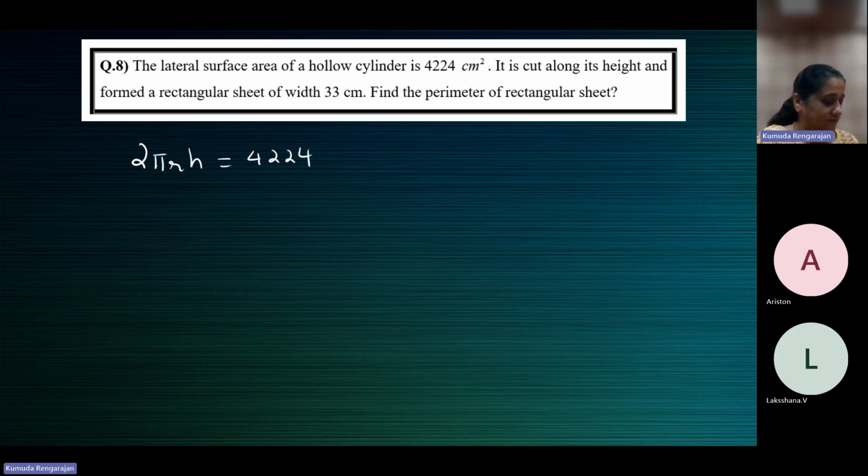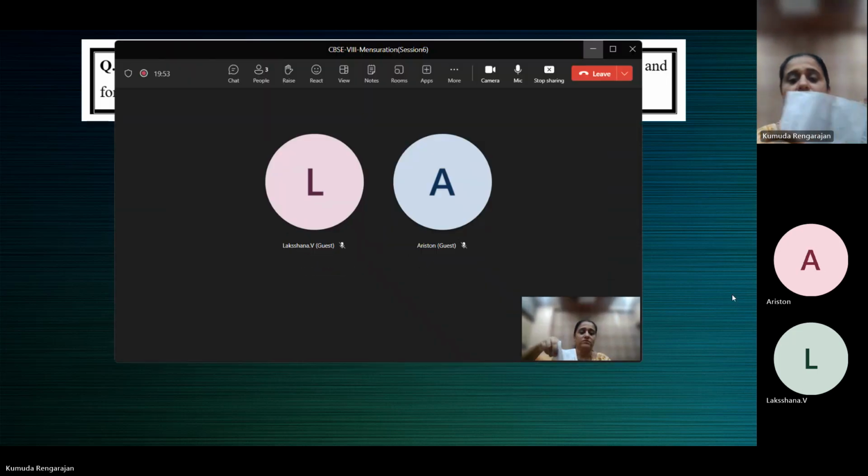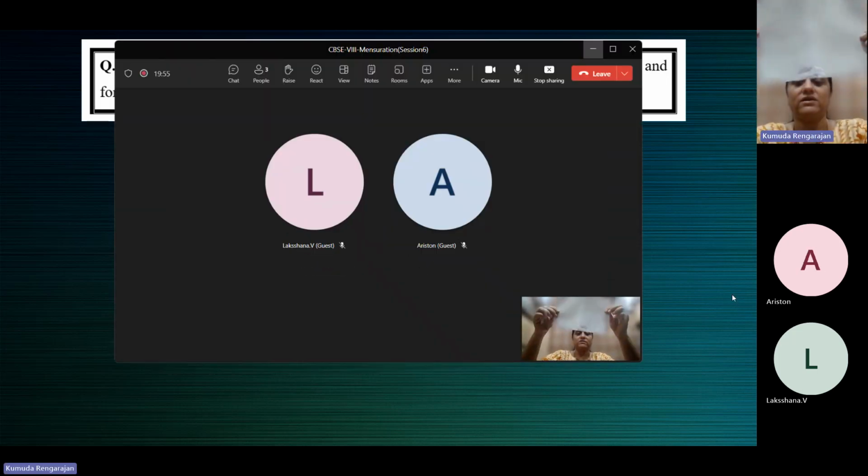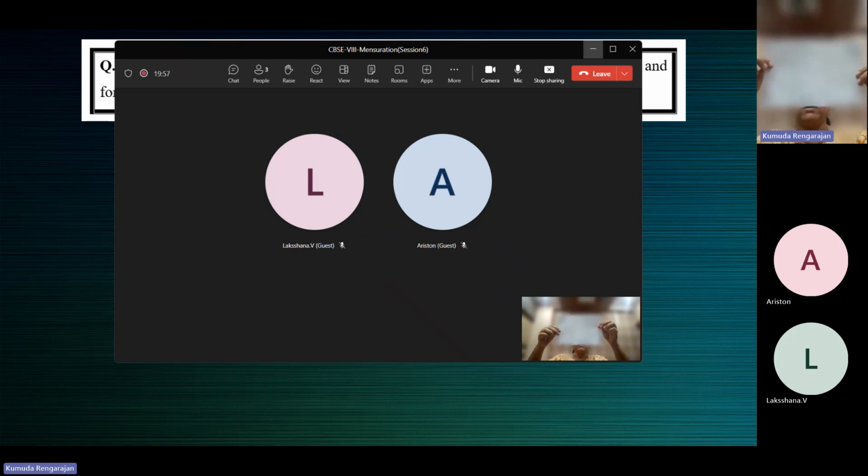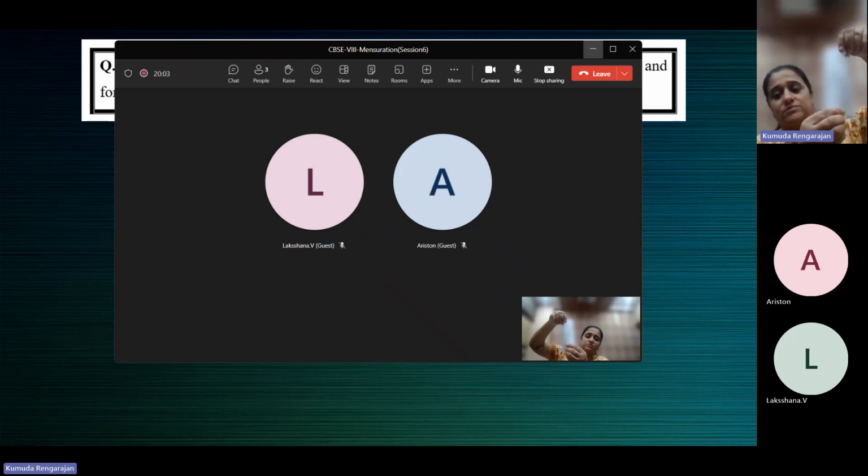Here I have a rectangular piece of paper. When you roll it, when you bring the opposite edges together, you can form a cylinder.